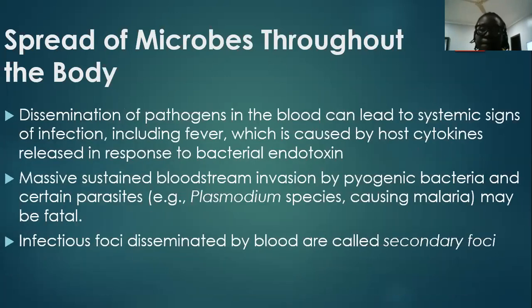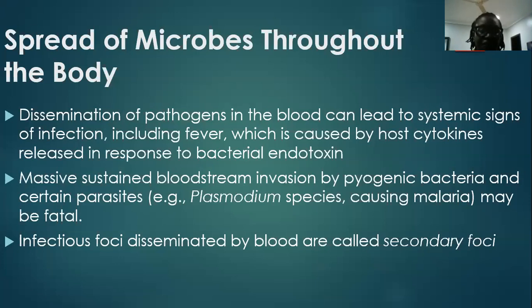Okay. Now, the spread of the microorganisms throughout the blood to other parts of the body can cause a systemic infection or a generalized infection of the entire body. And usually this can lead to a massive infection in response to the bacterial endotoxin that is secreted.